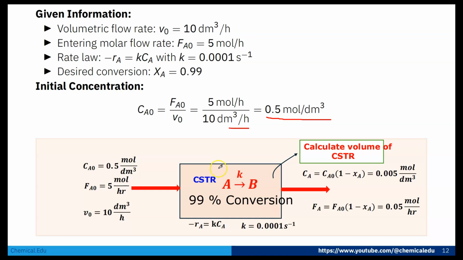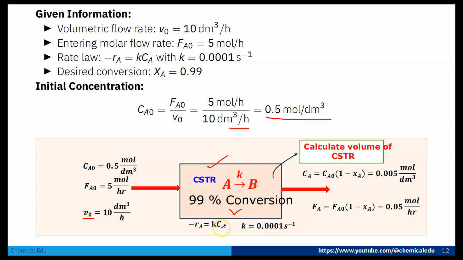Now this system is a CSTR, so the entering molar flow rate Fa0 is 5 mole per hour, Ca0, the concentration of A at the inlet, is 0.5 mole per dm³, and the volumetric flow rate is 10 dm³ per hour. Inside the CSTR the reaction happens that converts A to B. Here 99% conversion will happen in the CSTR.